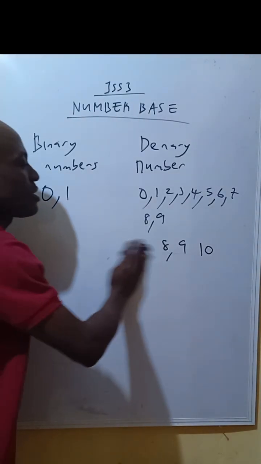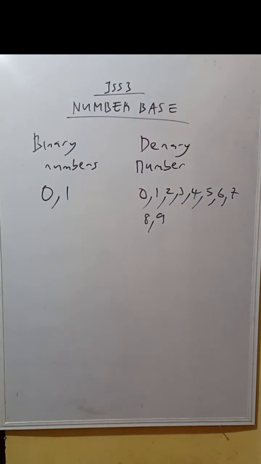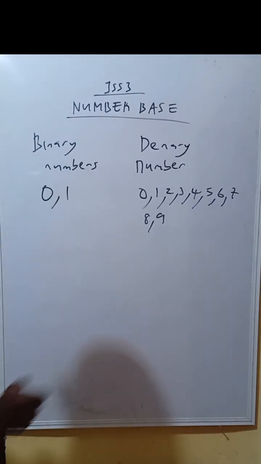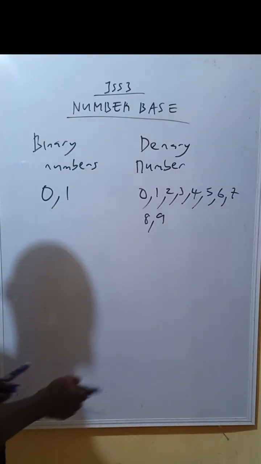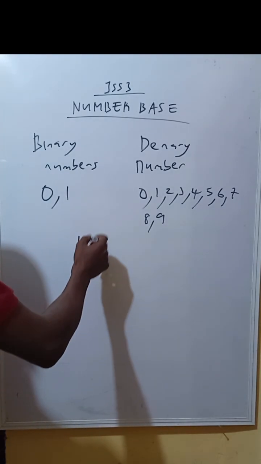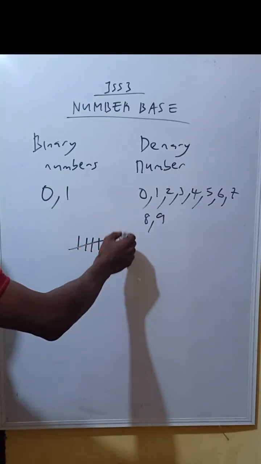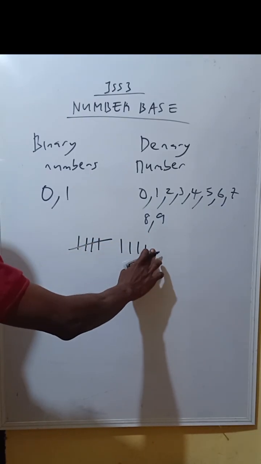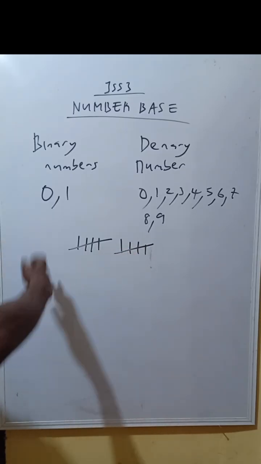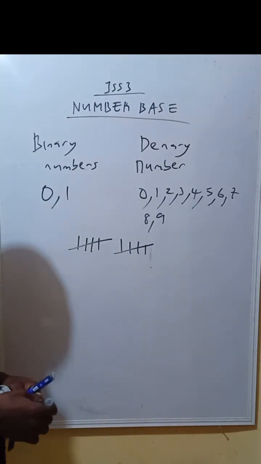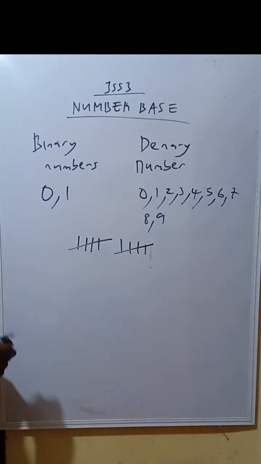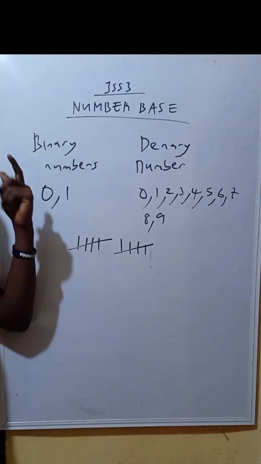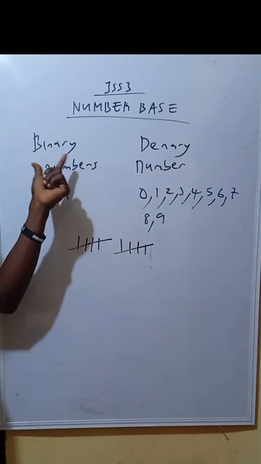So base 2 will be counting in 2s. Just like in time past, Roman numerals count in 5s: 1, 2, 3, 4, and when it's 5, they count again. The importance of this is that base 10 and base 2 are both very important.